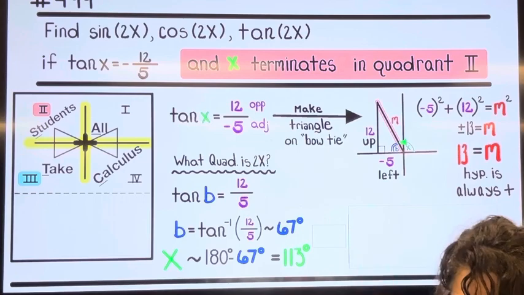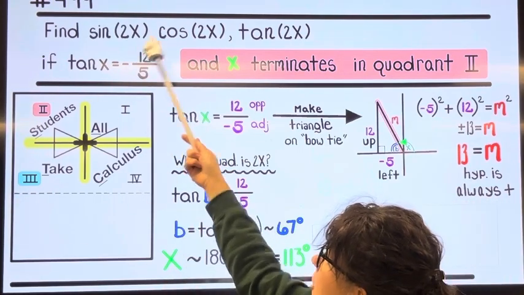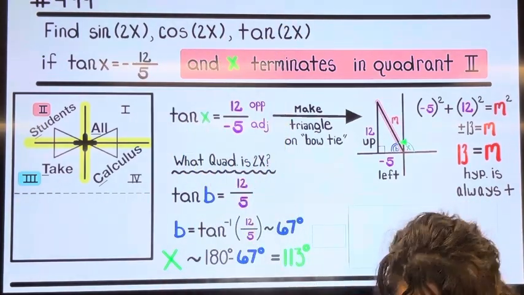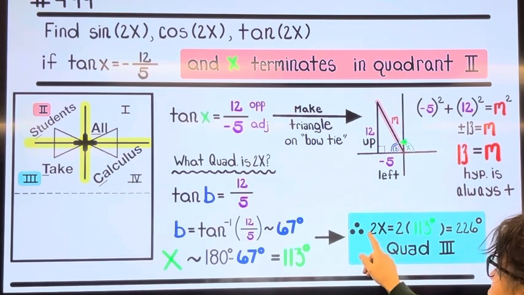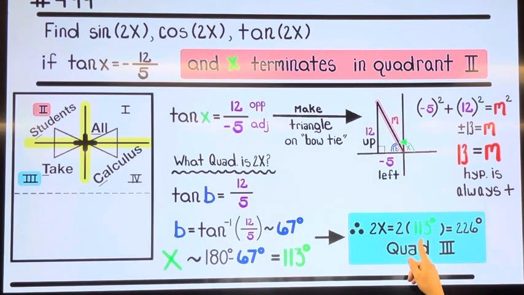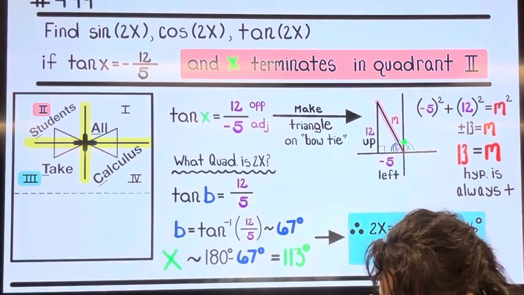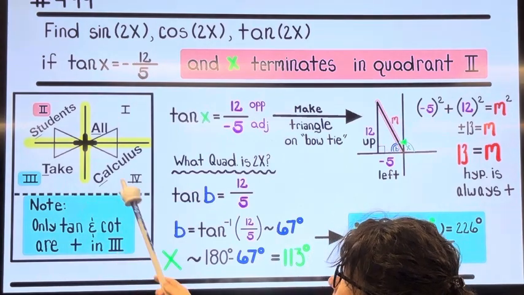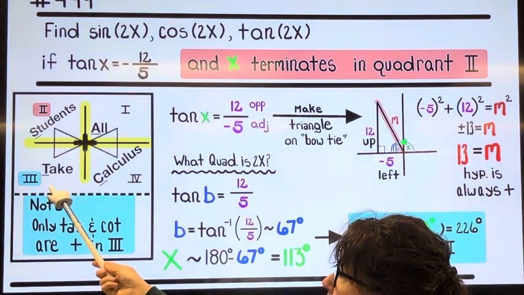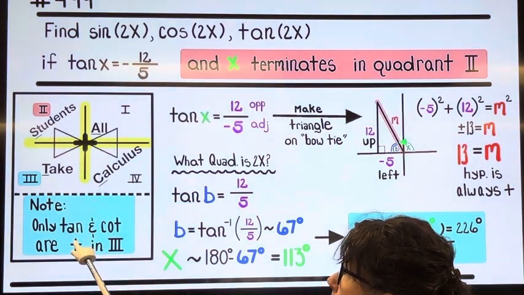Now that I know angle x, I can figure out where 2x is located. Okay, so 2 multiplied by that 113 degrees is 226. So we know that we're in quadrant 3. That's important because in quadrant 3, one more time, the answer to both tangent and cotangent are positive.